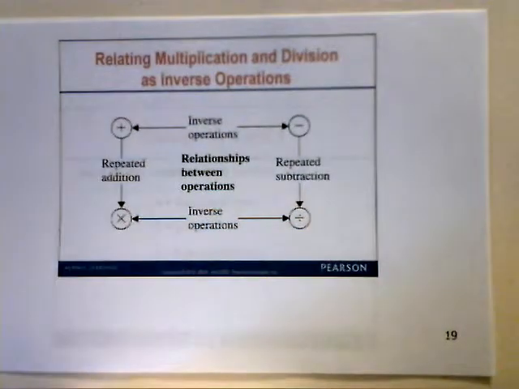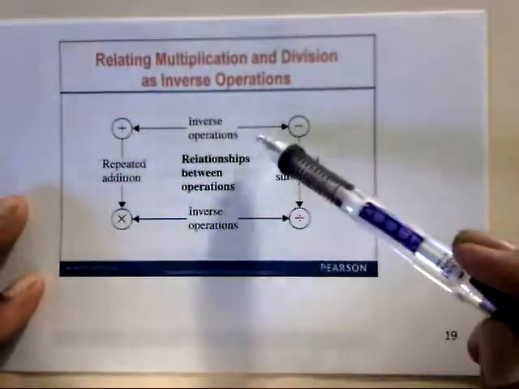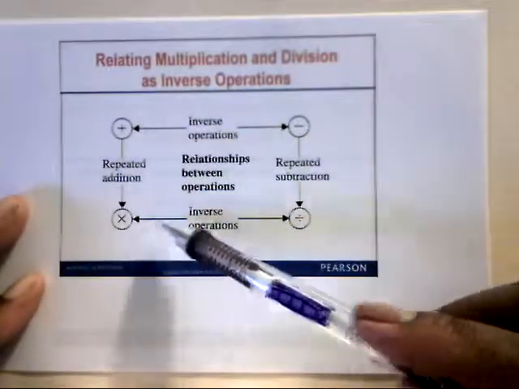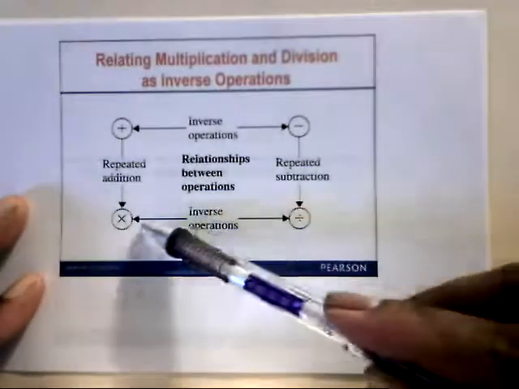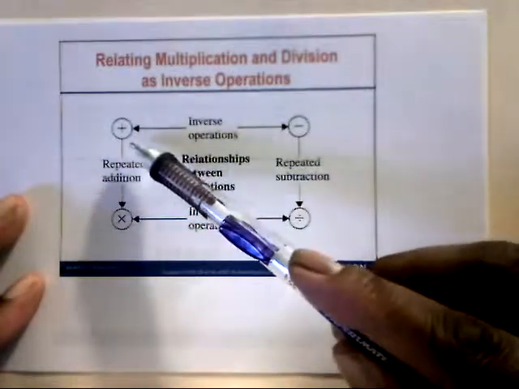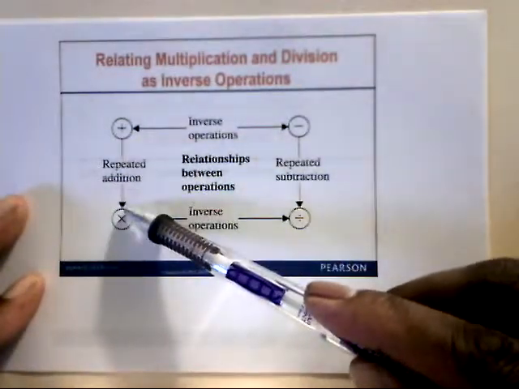And how can we relate multiplication and division as inverse operations? In this case, addition and subtraction are inverse operations. Multiplication and division are also inverse operations. The multiplication and division has a relationship.